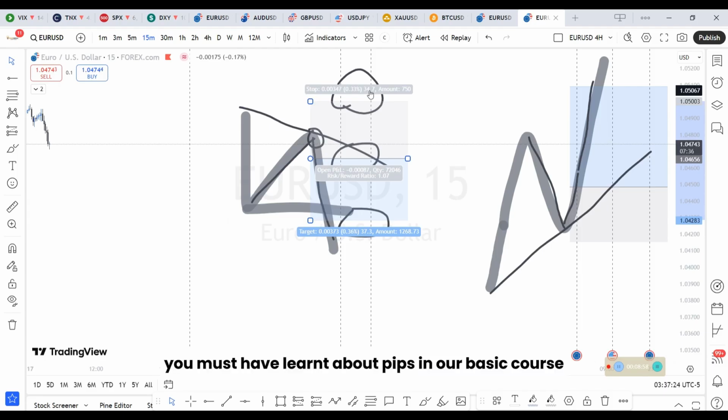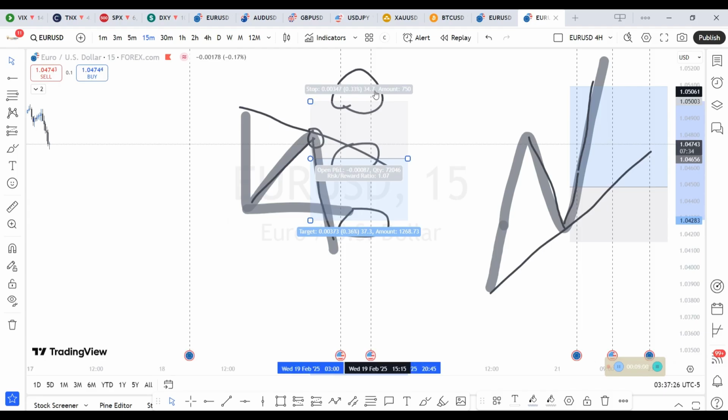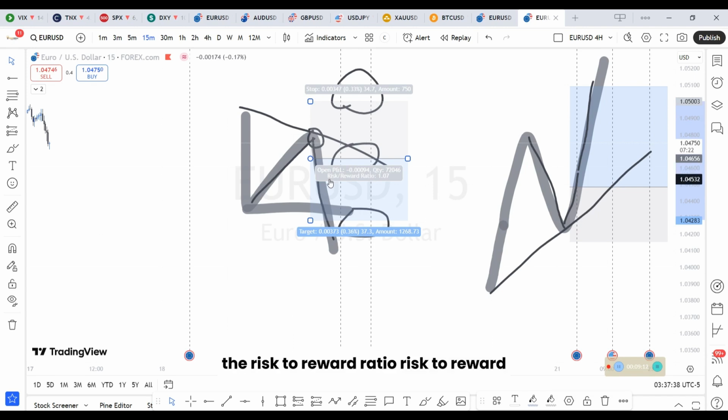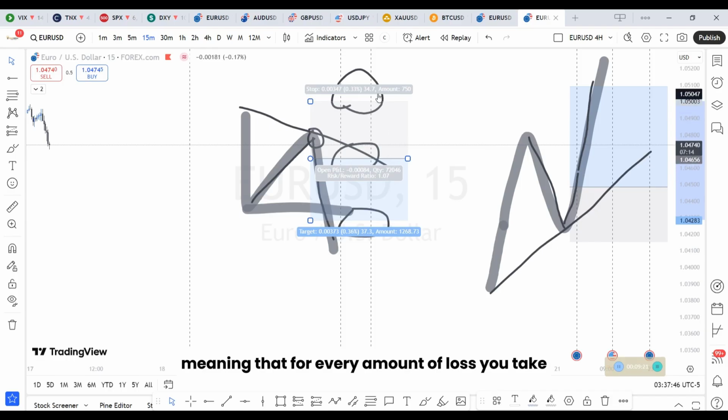You must have learned about pips in our basic course. It is the amount of pips it takes for the market to run before it hits our stop loss.